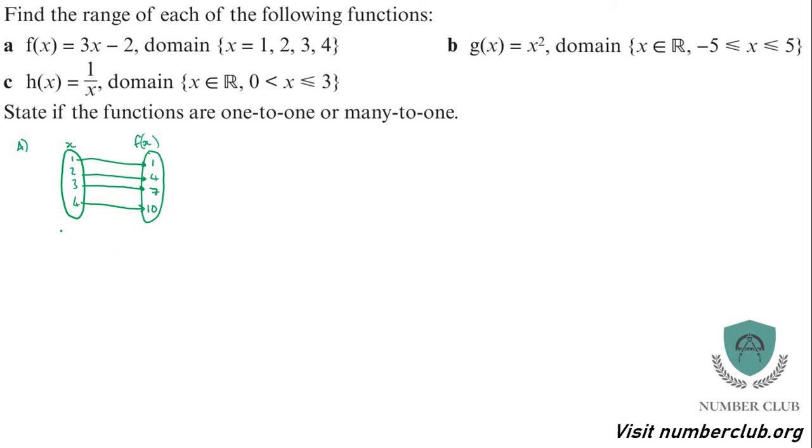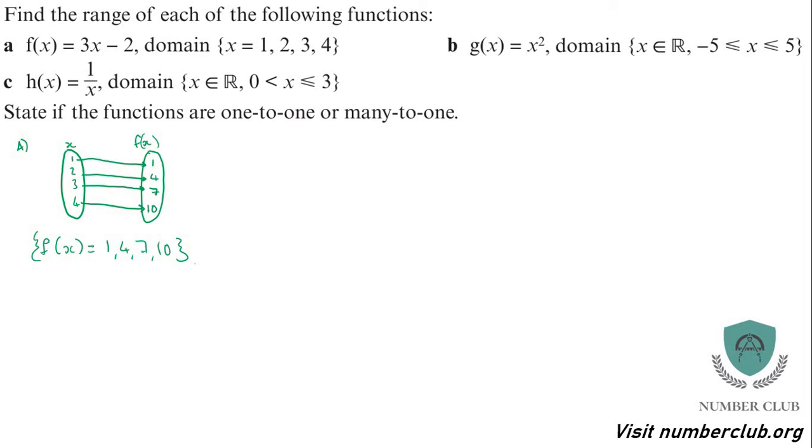And our range, where x is the set of values 1, 2, 3, or 4, well then f of x is a set containing values labelled f of x, which equal 1, 4, 7, or 10. That's your range there.